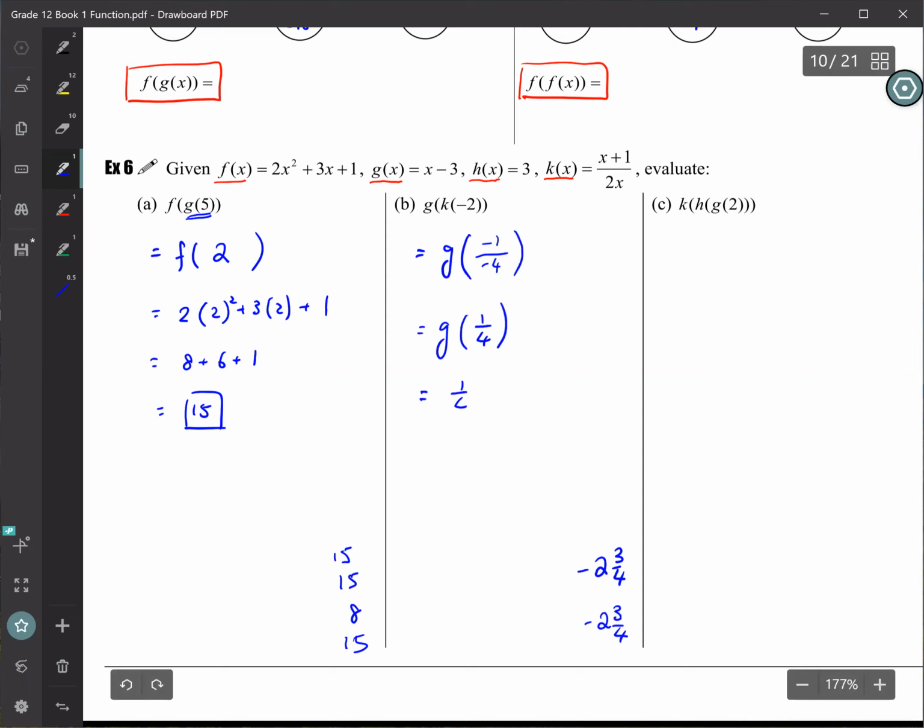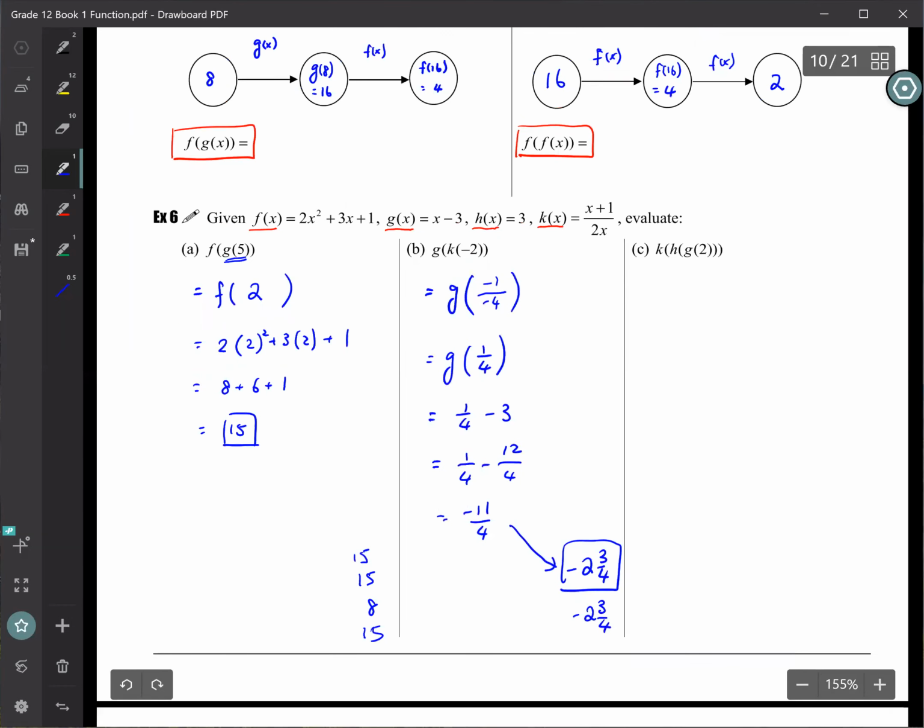So that will be 1 over 4 minus 3. We can get a common denominator. So that will be 1 over 4 minus 12 over 4, negative 11 over 4, right? So that will become this. Okay, looks good. Okay, last one, question C.